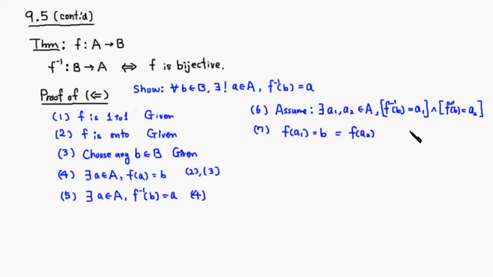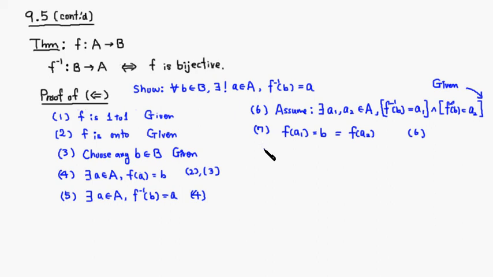So I'm using line 6, and this one's justification, there's no room here, so justification here, this one's just a given. All right, so assume that there are a couple of different A's, then we want to show that actually they're the same.